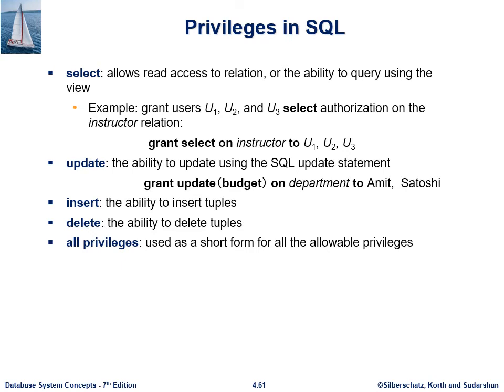So this is one example: grant update, and then parentheses, list all the attributes in the parentheses. So update (budget) on the department table to users Amit and Santoshi. That means we can only allow them to change the budget attribute in this department table, and cannot change others.